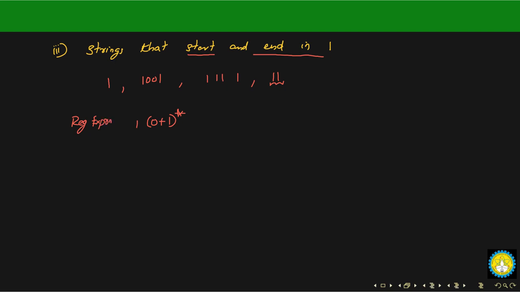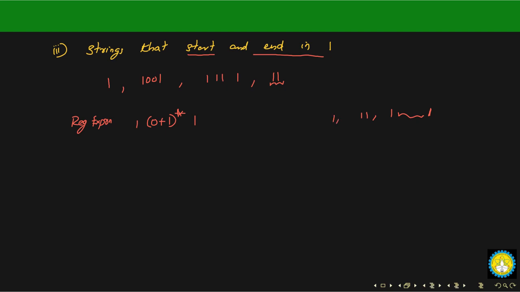So if I write it like this, 1 followed by (0 + 1)* followed by 1, this will accept everything like 1 1, and anything in between, which finally will end with 1. Okay, so all these things will be accepted.